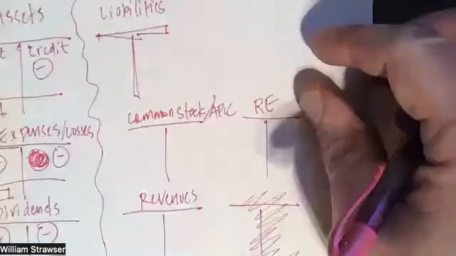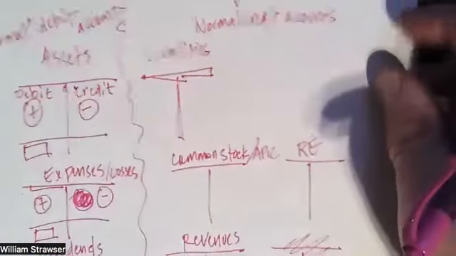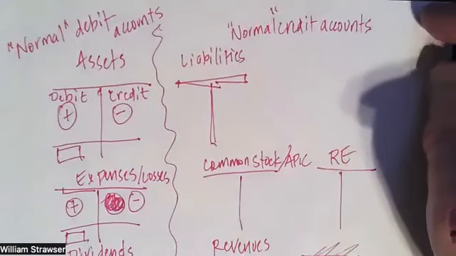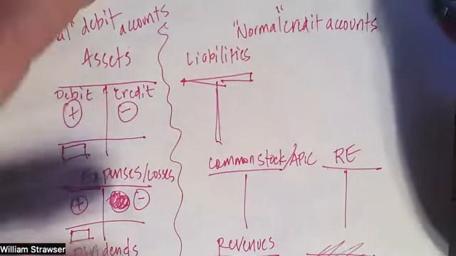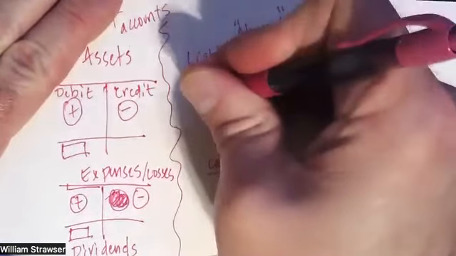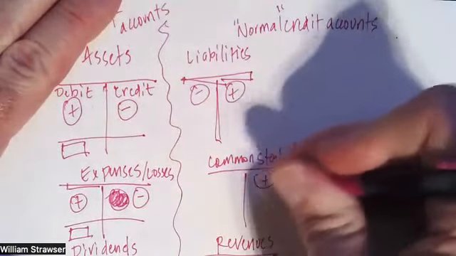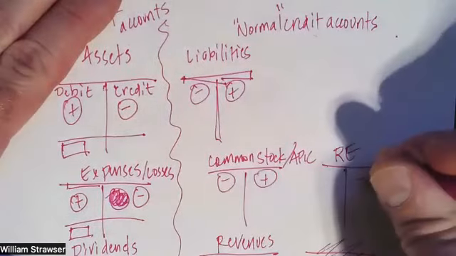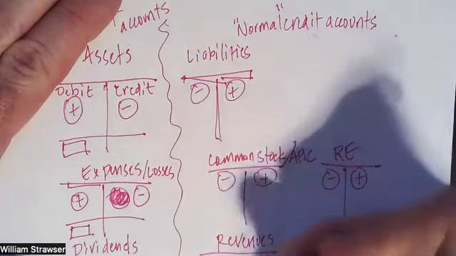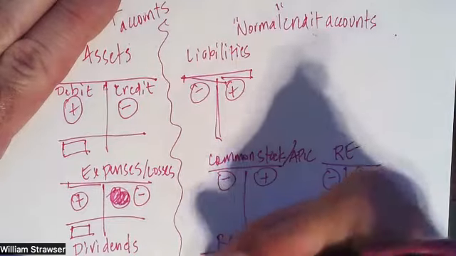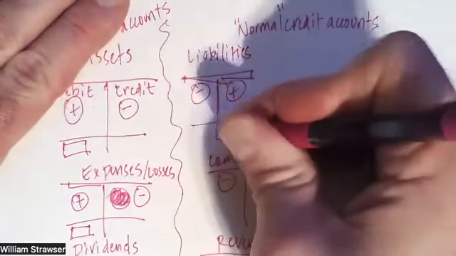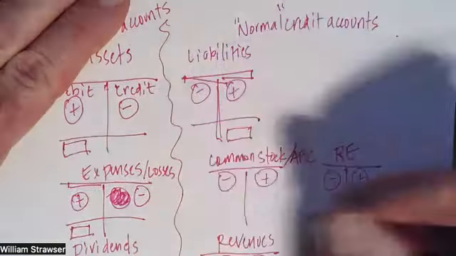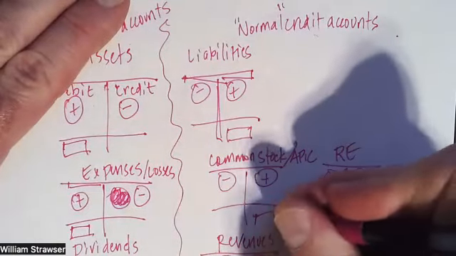It's kind of pejorative. Like, oh, well, normal people do this. But hey, they're accounts. They don't have feelings, so it's all right. Normal credit accounts, credits increase these guys. And so if credits increase them, that means debits decrease them. And again, it doesn't make sense to have a credit balance of liabilities.